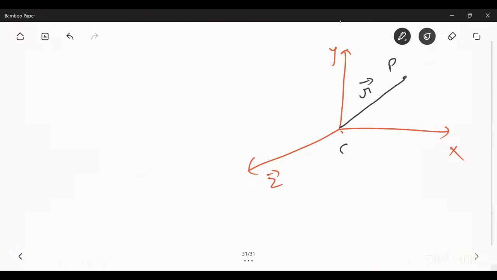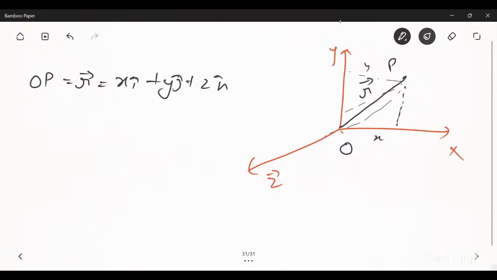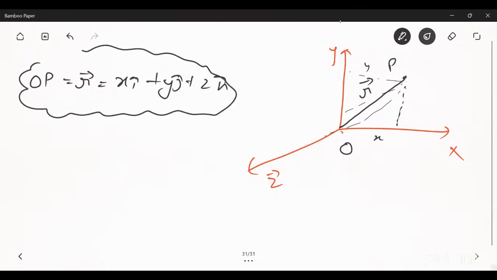So this is A, this is O, this is P. So OP equal to R vector, and the value of R vector is x i cap, meaning it is x distance along the x-axis, y along the y-axis, and z along the z-axis. So x i plus y j plus z k will be your position vector. A position vector simply gives the position, and that is your answer to the question.